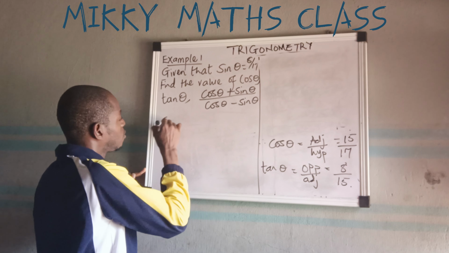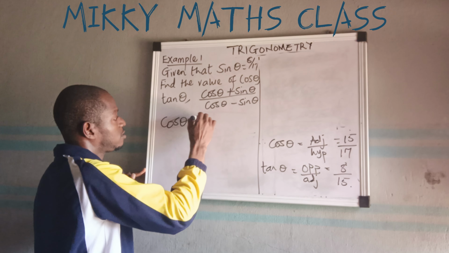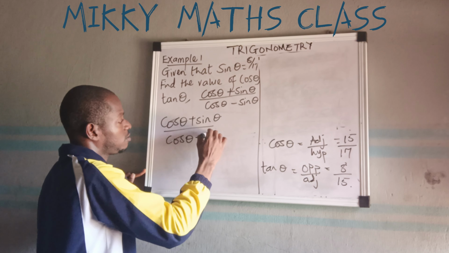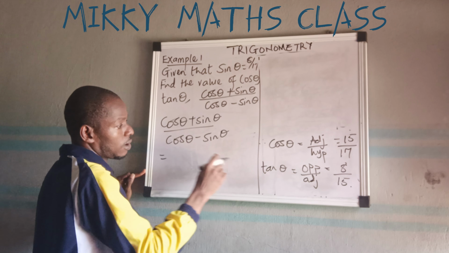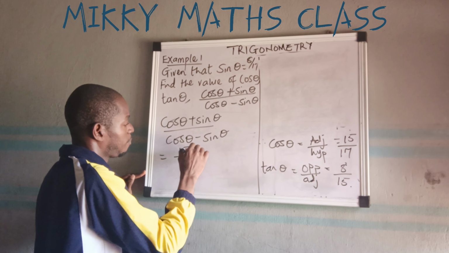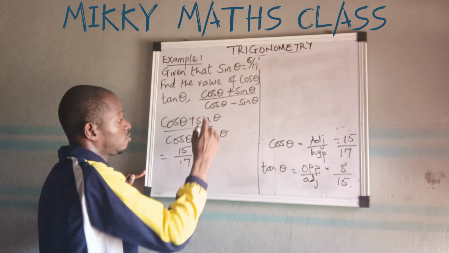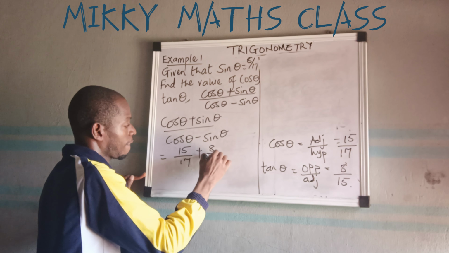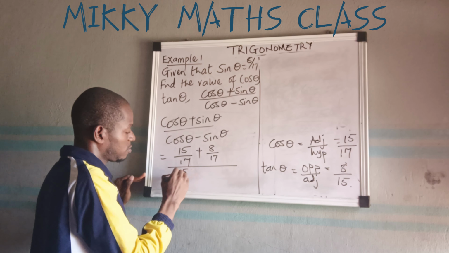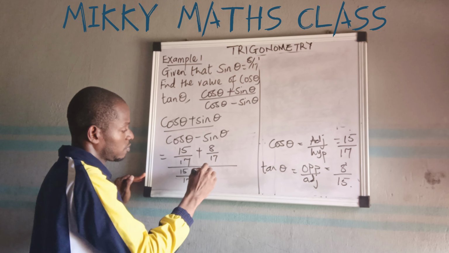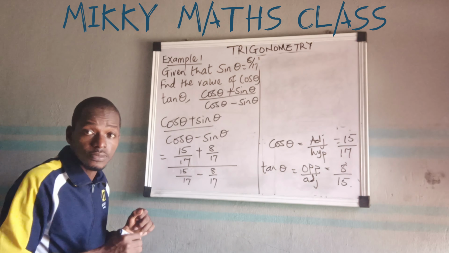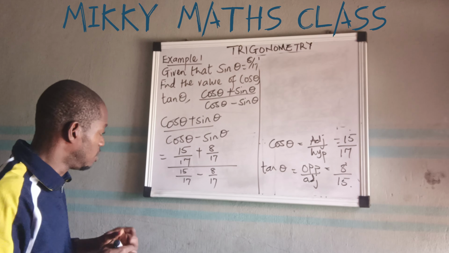So cos theta plus sine theta over cos theta minus sine theta will be equal to 15 over 17 plus 8 over 17, over the same thing, 15 over 17 minus 8 over 17. We bring it out like that.